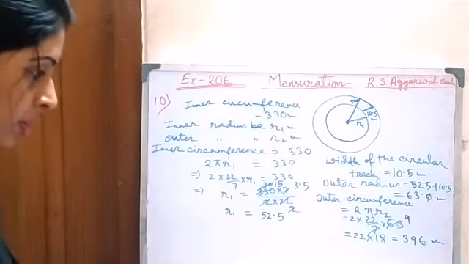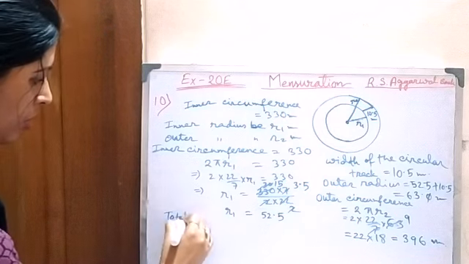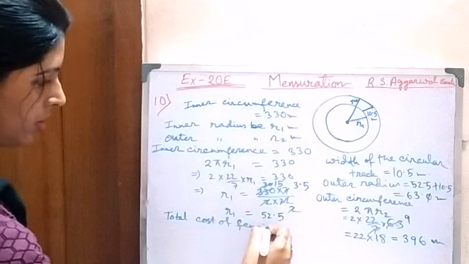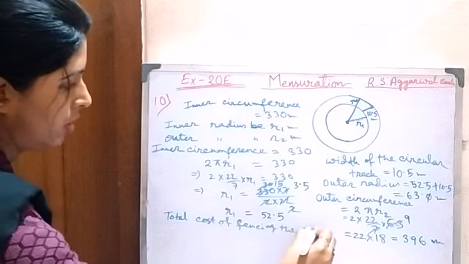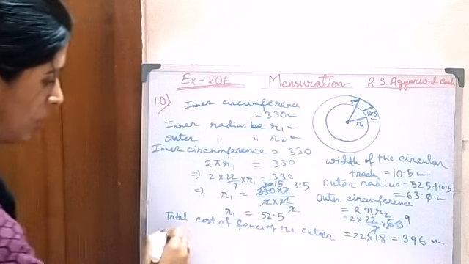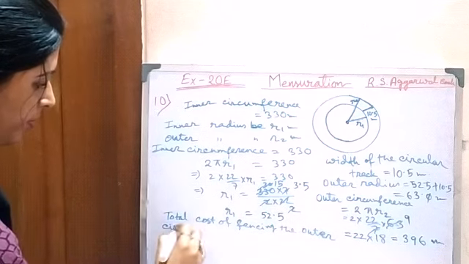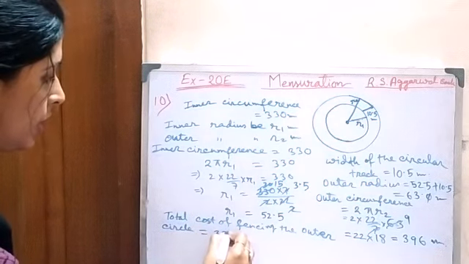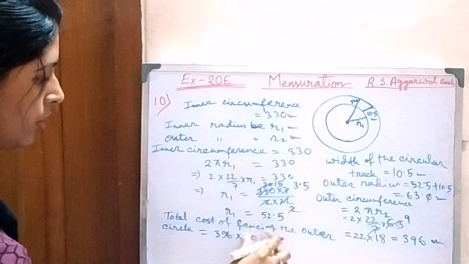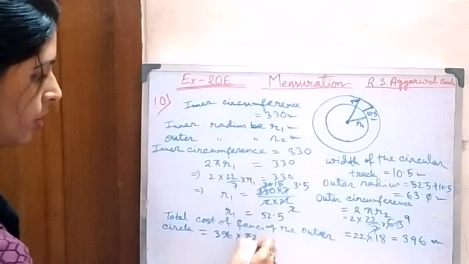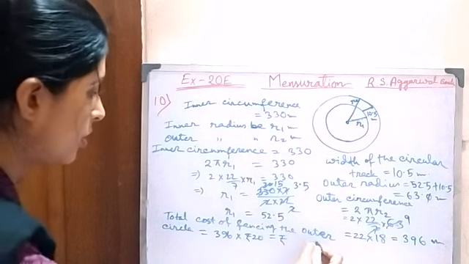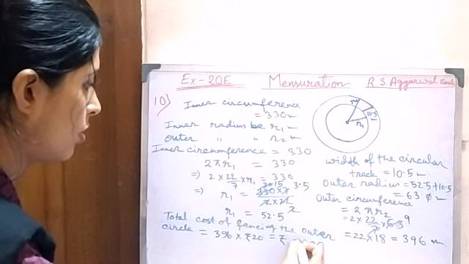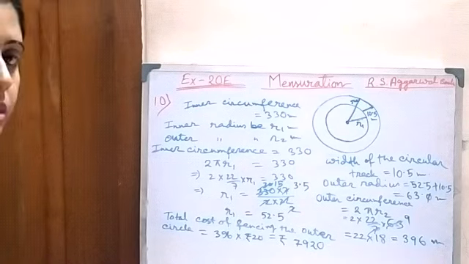Total cost of fencing the outer circle equal to 396 into 20, rupees 20 per meter, equal to 7,920 rupees. That is the answer.